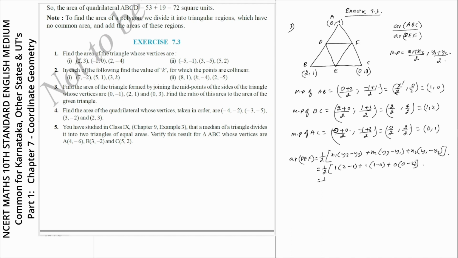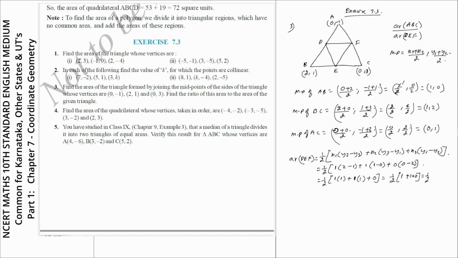So here I'll get half into, 1 into 2 minus 1 is 1, plus 1 into 1 minus 0 is 1 only, plus 0 into any number is 0 only. So this I'll get half into, 1 into 1 is 1, plus 1 into 1 is 1, plus 0.